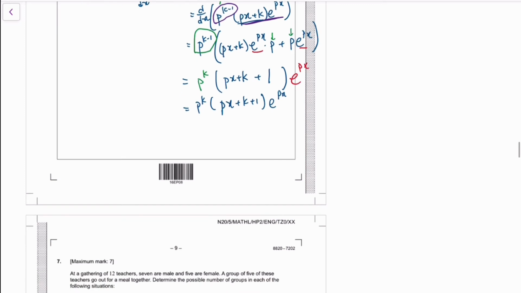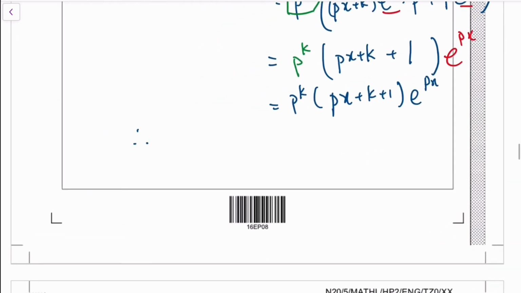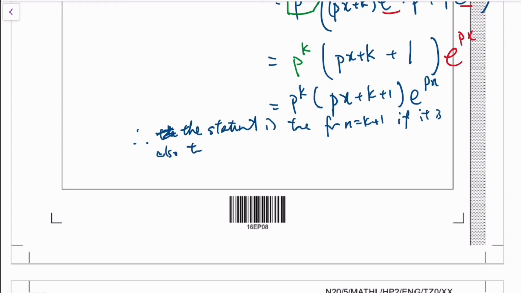Okay? Therefore, write down the last paragraph to get the last mark. So the statement is true for n equal to k plus 1 if it is also true for n equal to k.